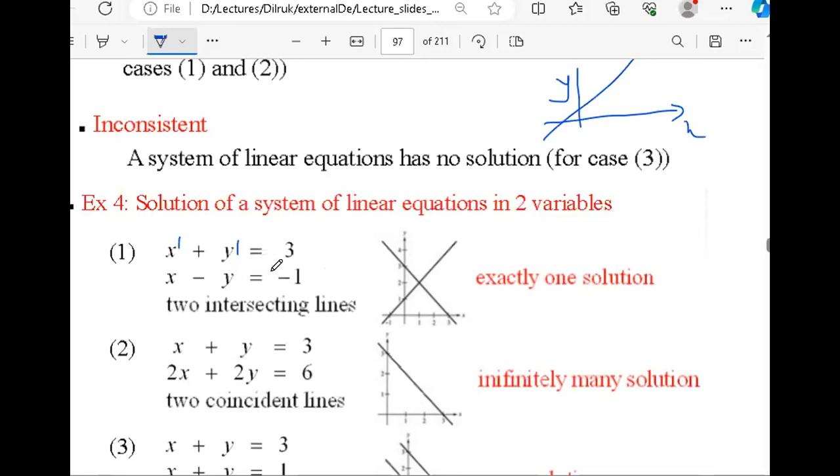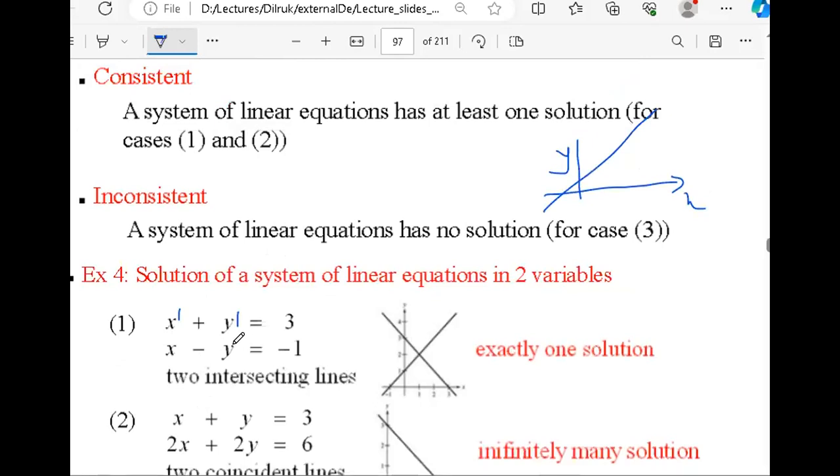And this one is also a straight line, with a different slope and different intercept from the previous one. So the two lines intersect at a point. This is the common point for both lines. Therefore, this is the solution to this system.